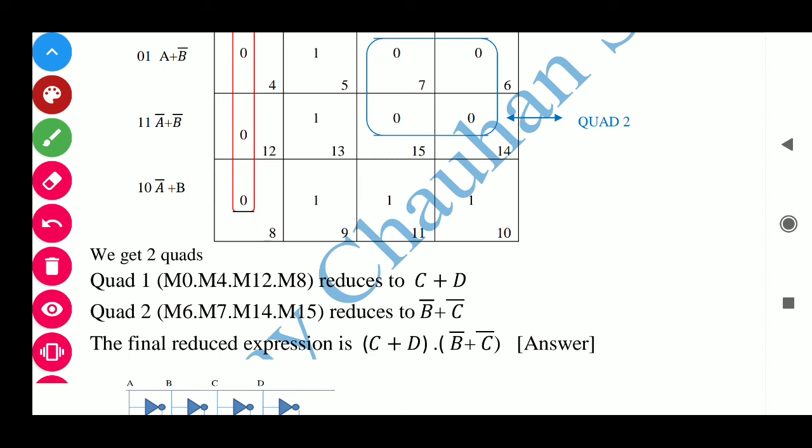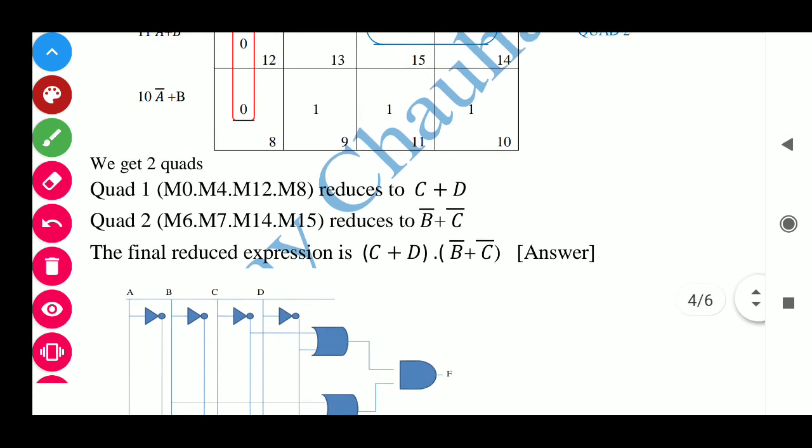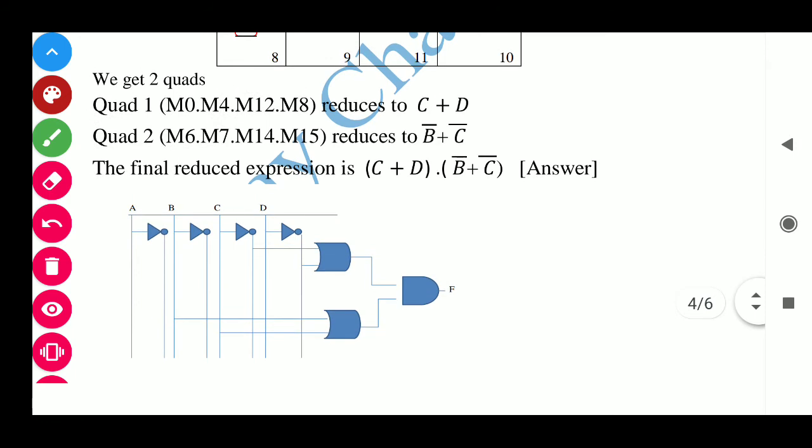I think it is very, very clear to you. You have to draw the logic diagram. In the logic diagram you can see, this is the first one, this is the second one, this is the first OR gate, this is for the second expression, and this is for the AND.